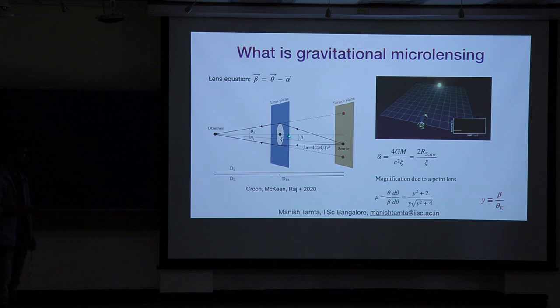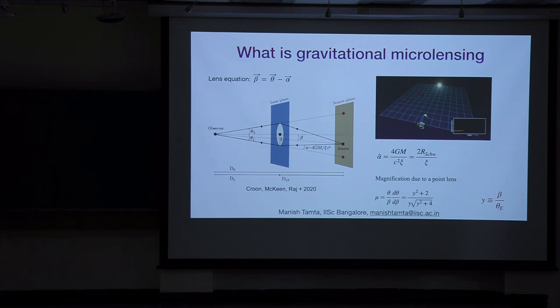If the mass involved is small, the separation between images would be small, typically of the order of micro arc seconds. That's where the name microlensing comes in. You typically can't resolve these images, and the net effect you see is an enhancement in the flux of the source. That simply comes from considerations like Liouville's theorem.